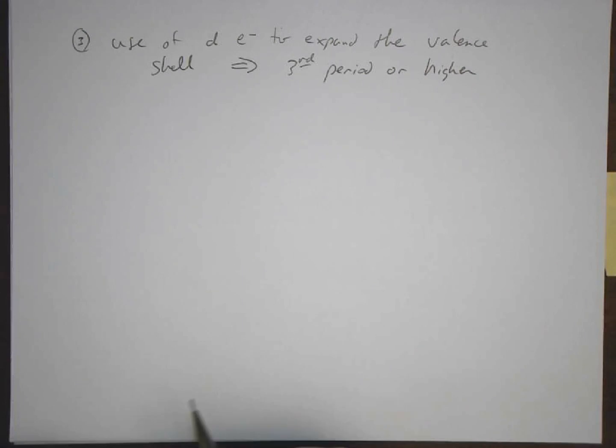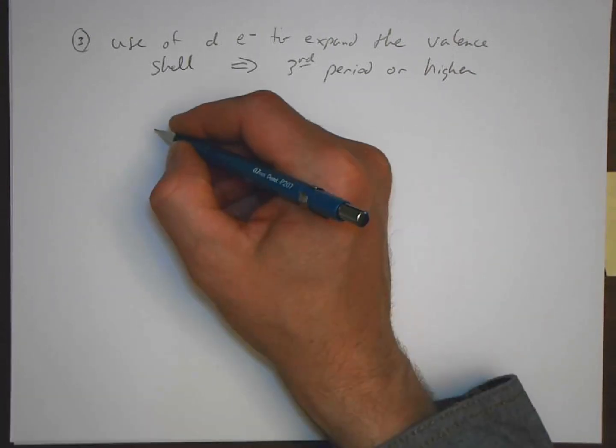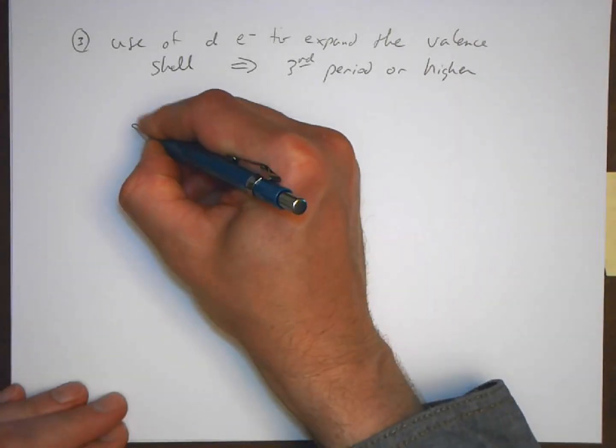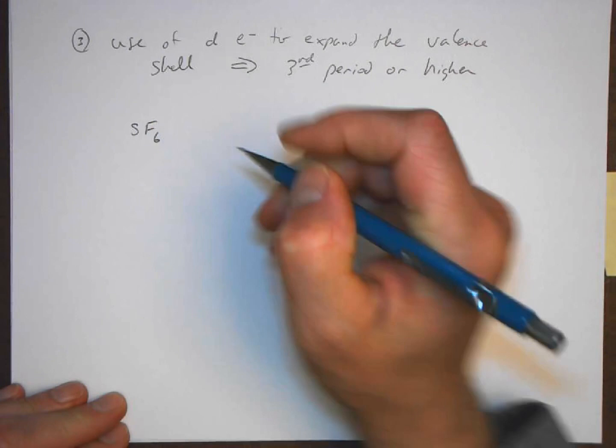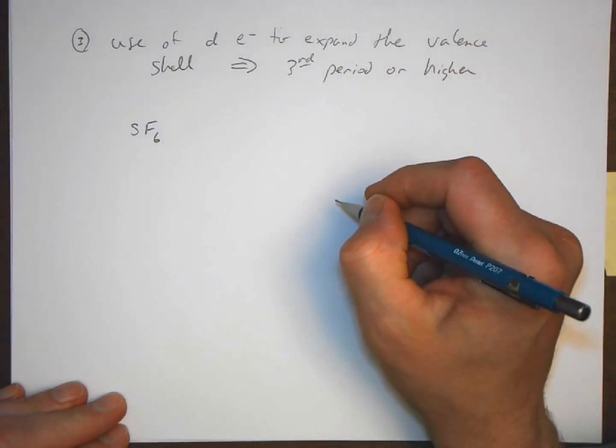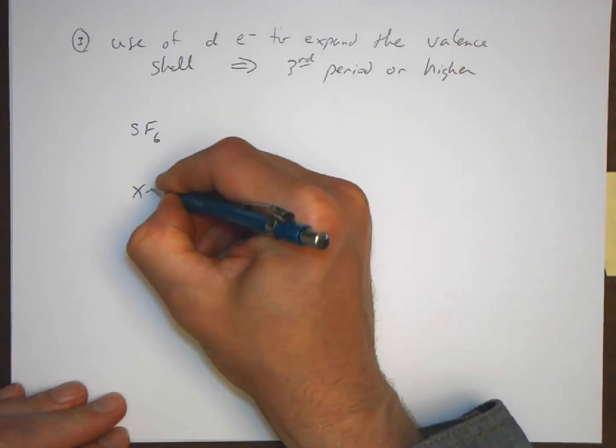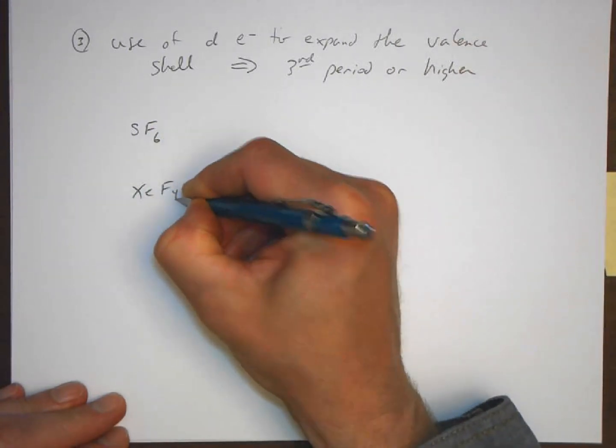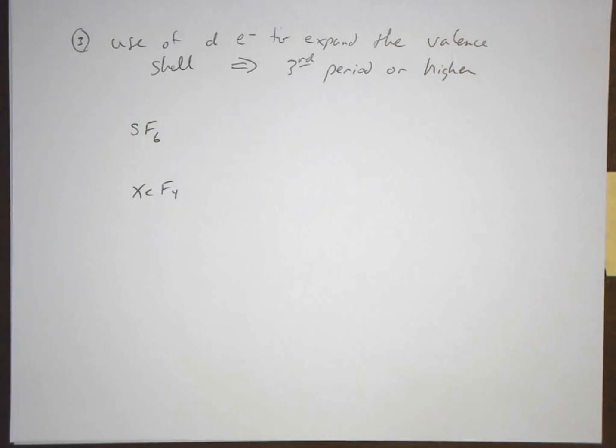Here are 2 examples. SF6 is one example, and xenon tetrafluoride is another example.